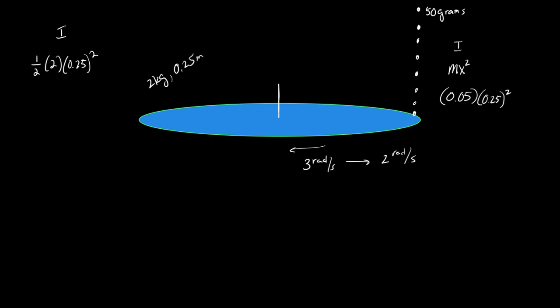If there's no external torque, then the angular momentum of this system has to stay the same. So drawing a line between before and after: before a droplet touches the disk, I'm going to have an angular momentum of 1/2 mr squared times omega, which is 3.